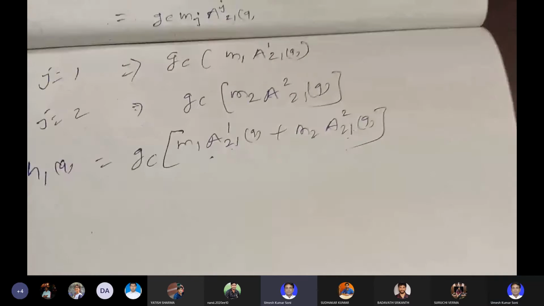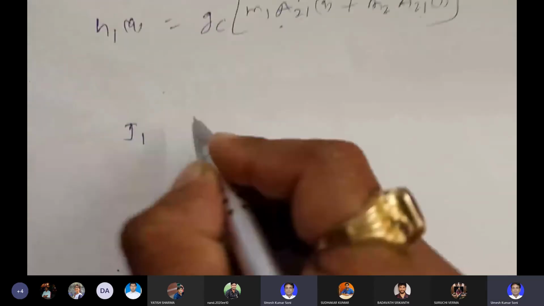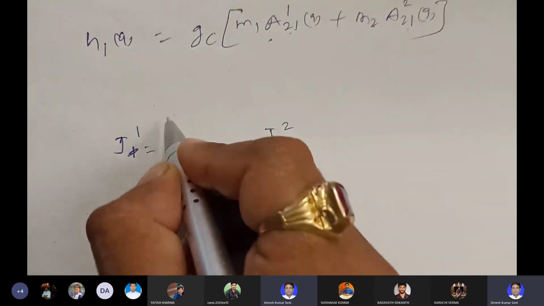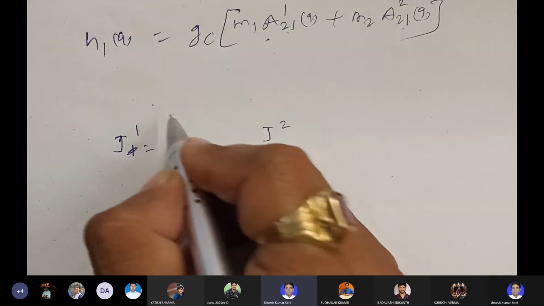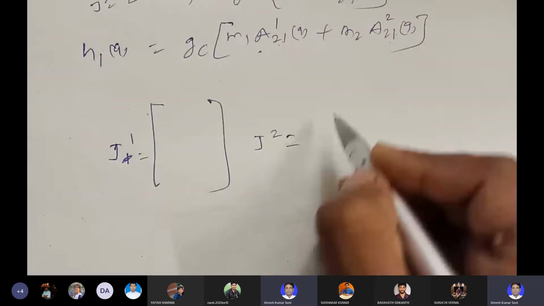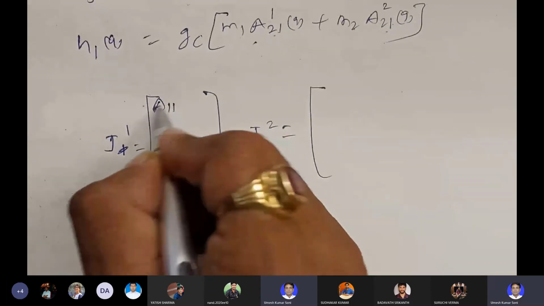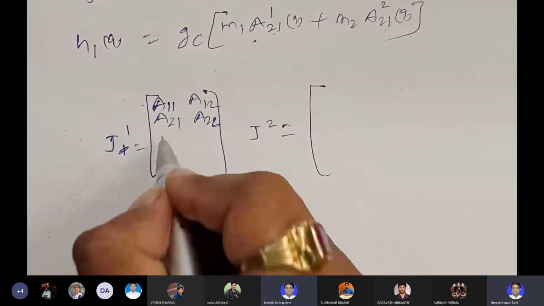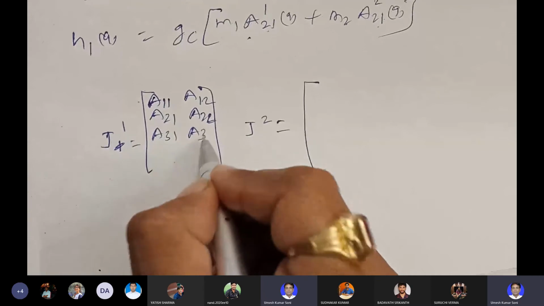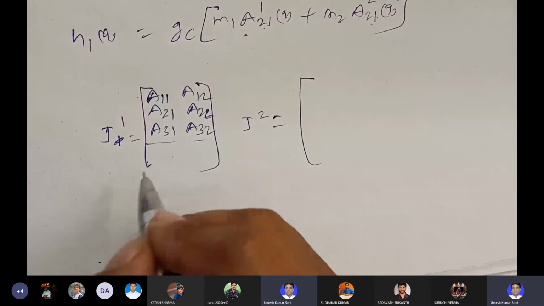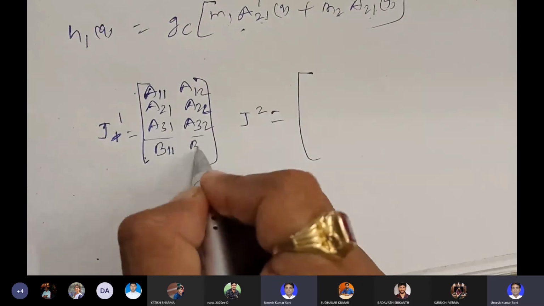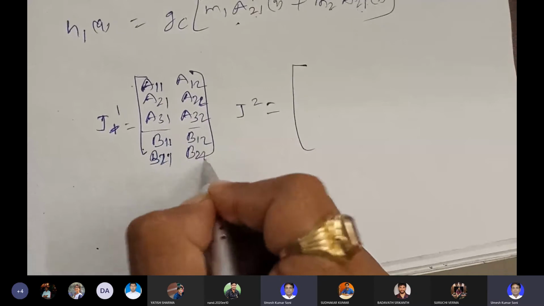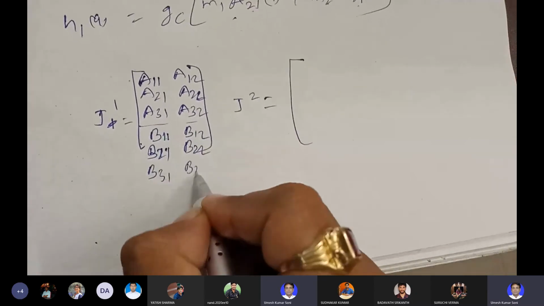You have J1, you have Jacobian 1 and Jacobian 2 calculated, and here in Jacobian 2 you have A11, A12, A21, A22, okay, A31, A32. इतने एलिमेंट्स होंगे B11, B12, B21, B22, B31, B32.